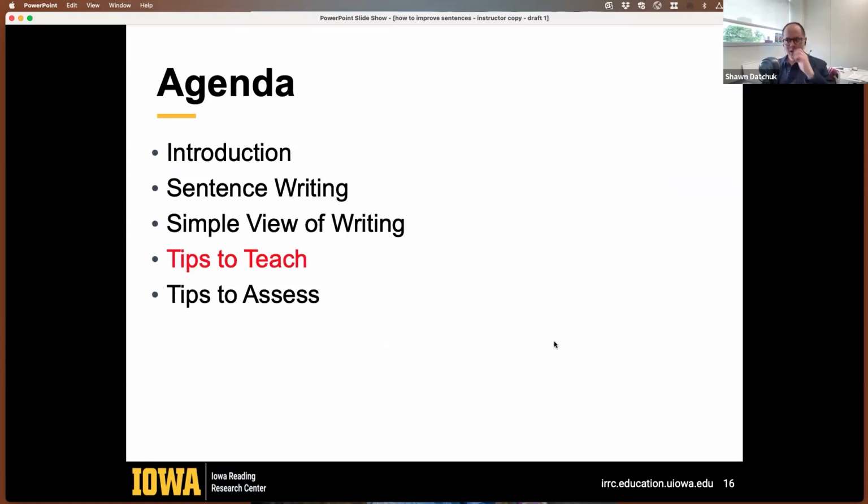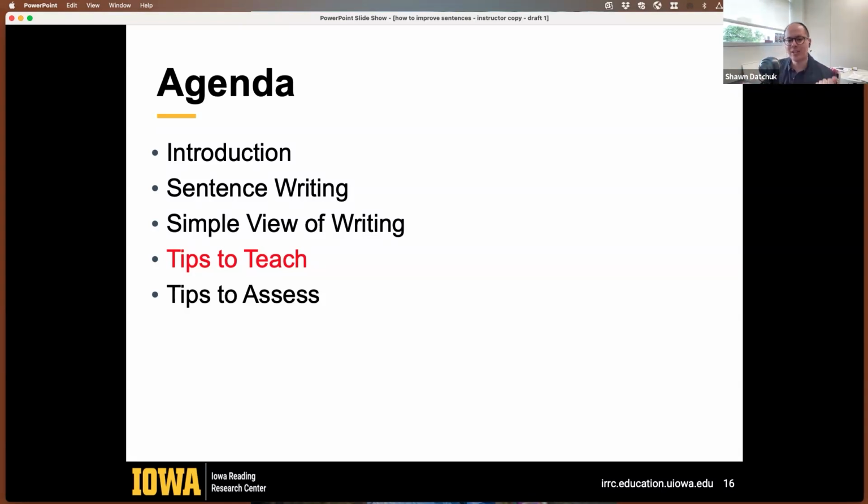Okay, so sentence writing gradually develops across grade levels, and if some students display difficulty with sentence writing, that difficulty can have a cascading effect on overall writing development because they'll have to pay active attention to sentence writing instead of these other juicy bits.